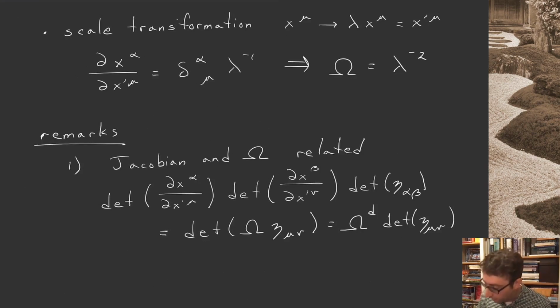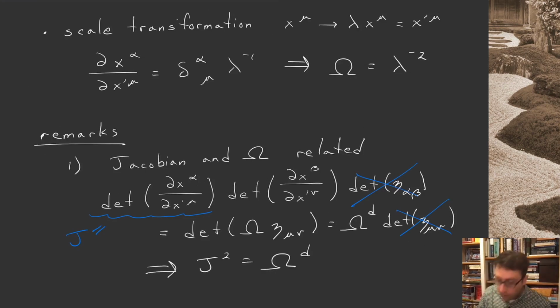So the determinants of eta cancel from both sides. This little factor here, this is the Jacobian. And so I learn that the Jacobian squared is this scale function omega to the dth power.